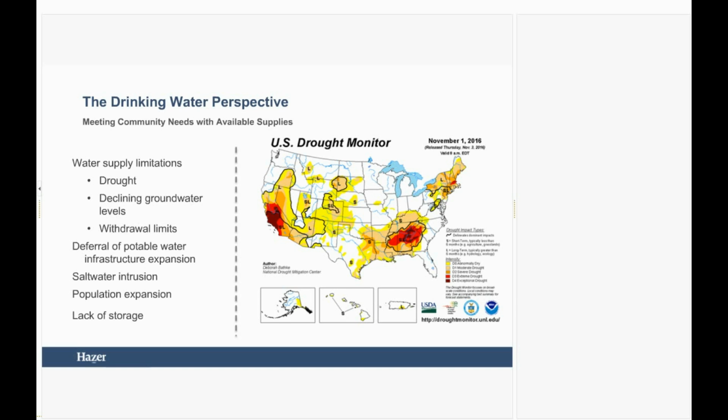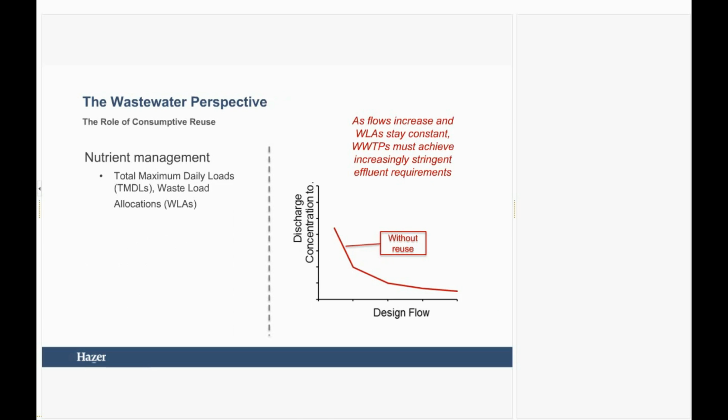But also, not only from a drinking water perspective, but also from a wastewater perspective, we're seeing potable reuse being driven. And this is something that we're seeing on the East Coast, particularly in Florida, but also some of the other states in that area, that nutrient loads to the water supply, for environmental discharge, and nutrient loads, particularly into the coral reefs off of Florida, are being significantly reduced.